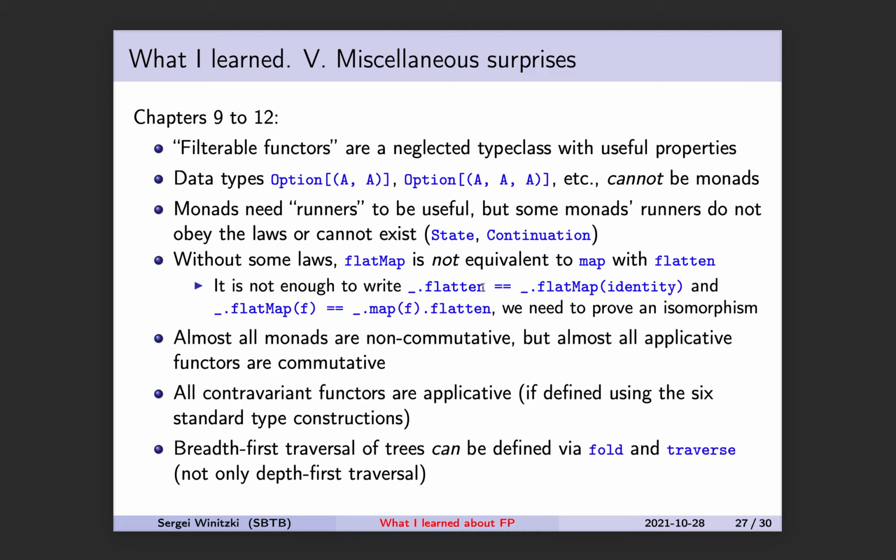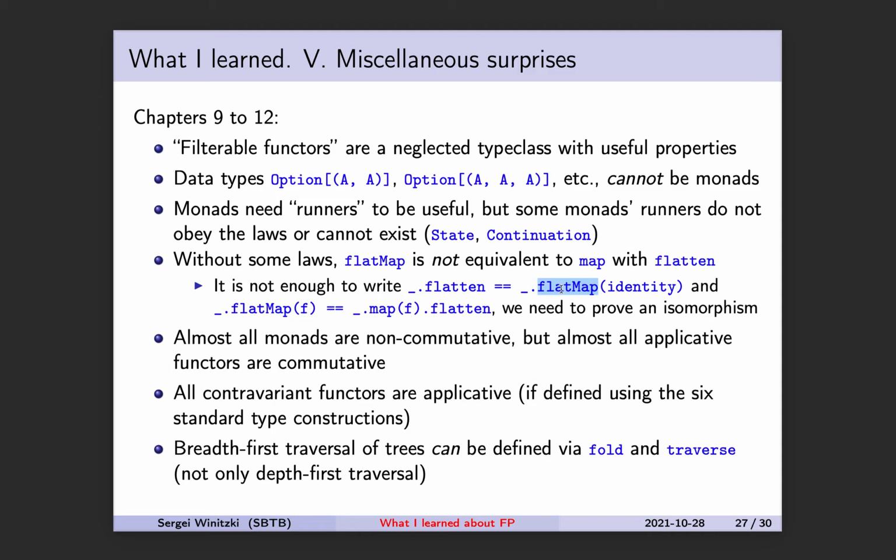And vice versa. You begin with flat map, you define flatten from it, and then you define a new flat map using that flatten. And then you have to show that this new flat map is the same as the one you started with over there. And that's not obvious. You have to prove this. And when you try to prove this, you find that you cannot prove this. It's just not true.